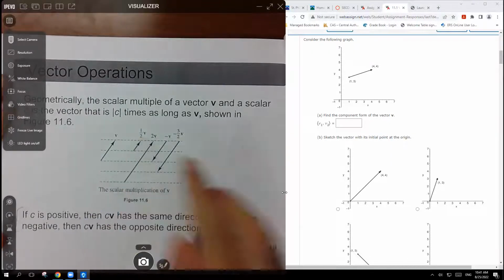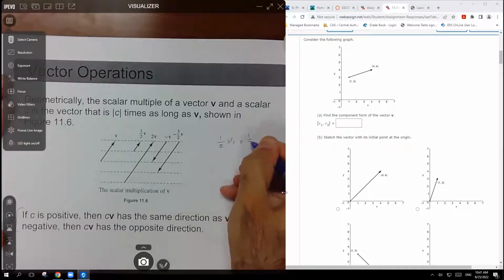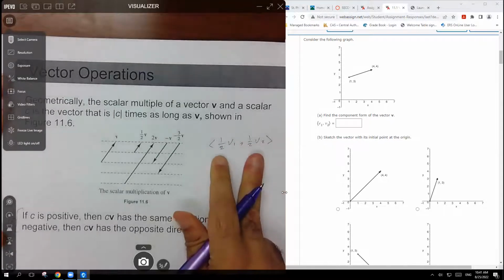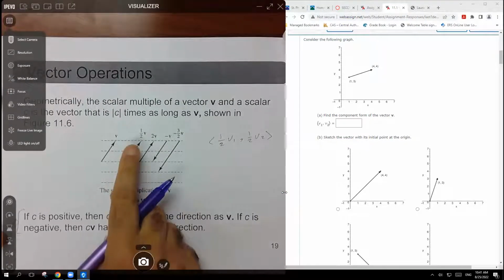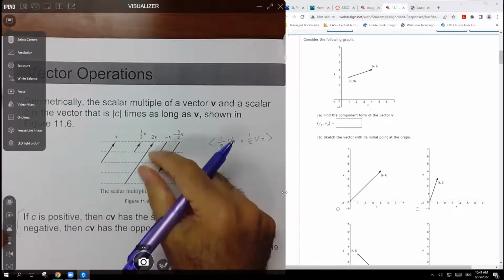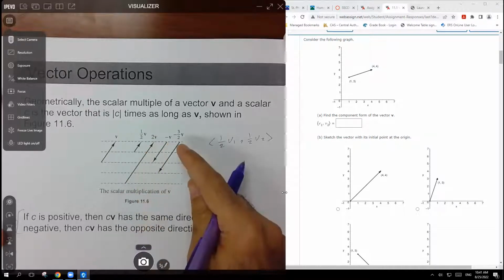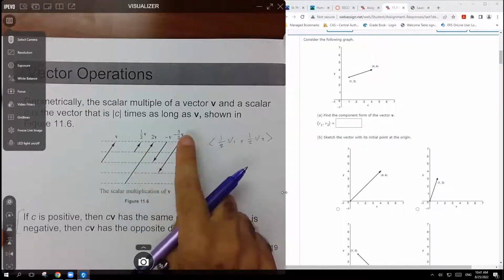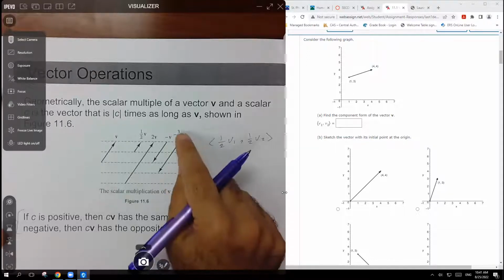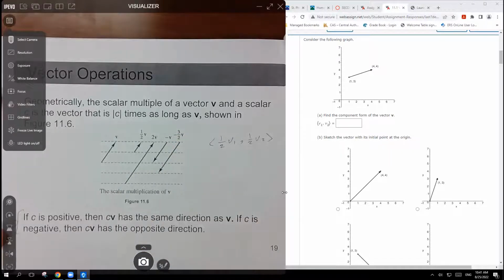The half is going to be inside the coordinates V1 and V2, so it's going to shrink the components and the vector is going to be smaller. 2V means you're going to stretch the vector by 2. Negative V is going to be the opposite direction. Negative 3 over 2 V is going to be the opposite direction, but you're going to stretch the vector by 3 over 2. That's 1.5.